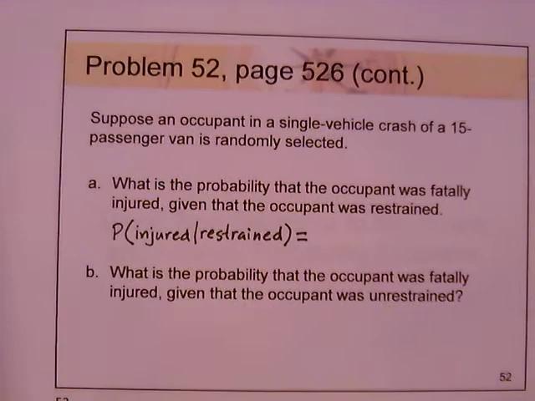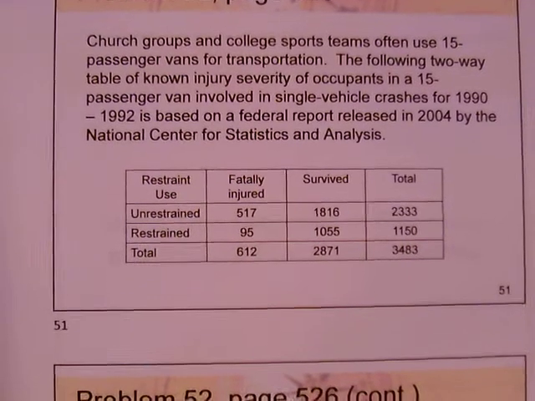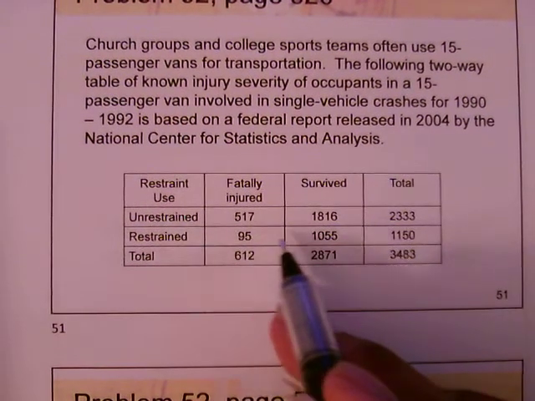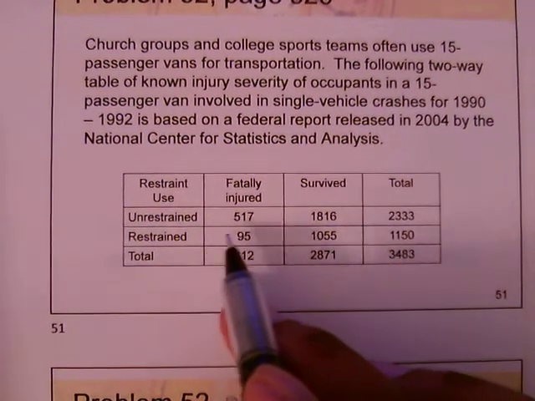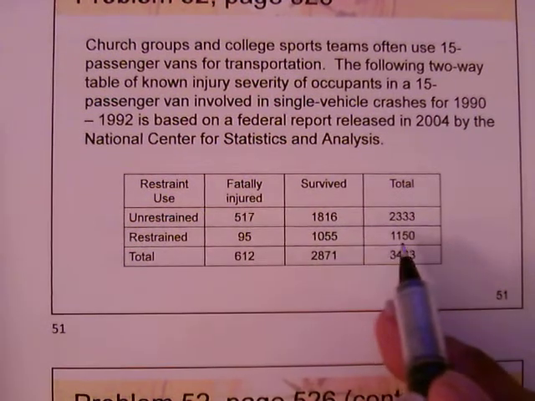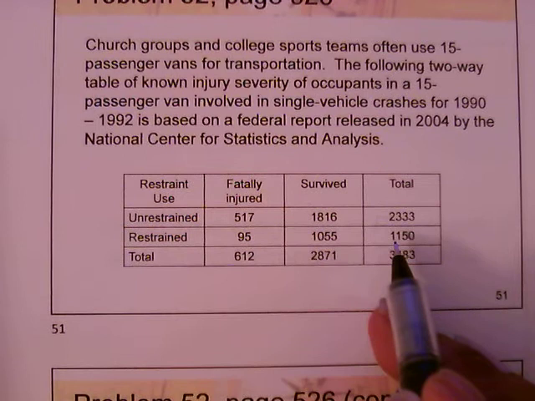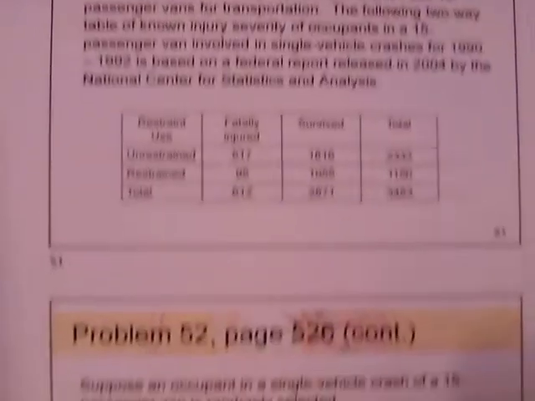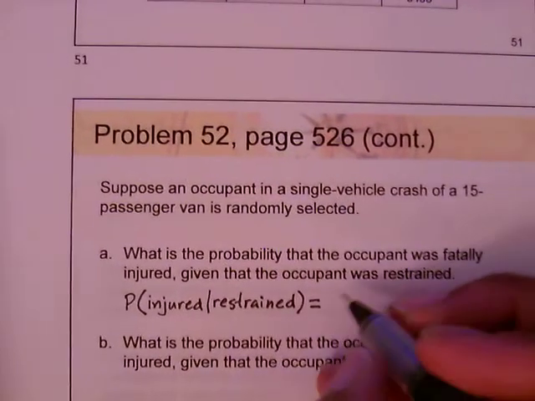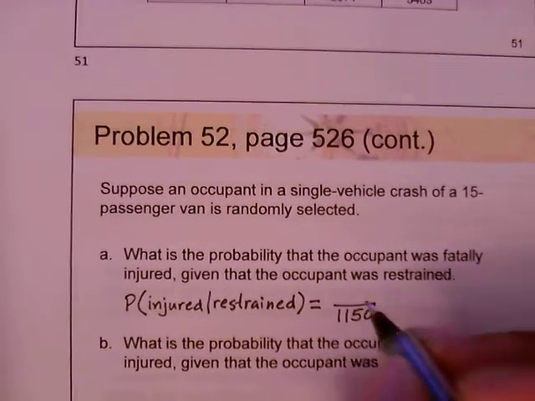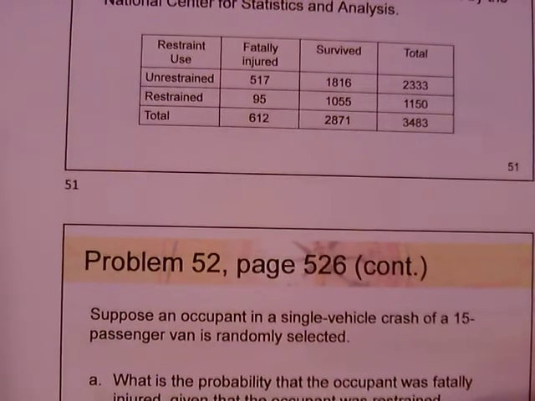And here I'm going to go back to that table. Now we're given that the occupant was restrained. So I'm only going to look at the row that says restrained. The total number that was restrained is 1150. So the denominator will just be 1150 and not the total amount of 3,483.